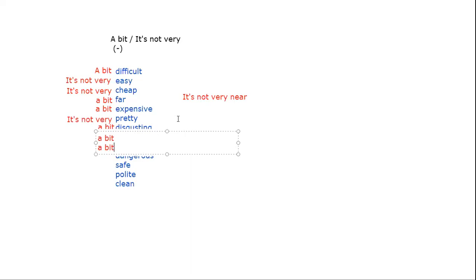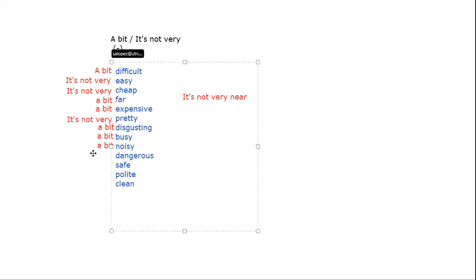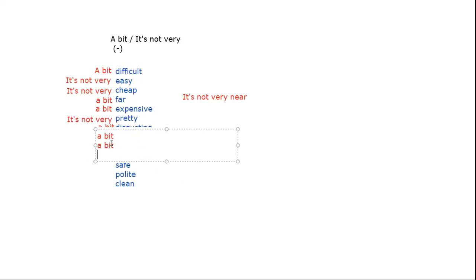Si les pregunto, por ejemplo, de Asaya, ¿qué me van a decir? It's a bit dangerous, right? It's a bit dangerous. So, es un poquito peligroso. Right? So we have a bit dangerous. What about safe? What would you say? It's not very safe.